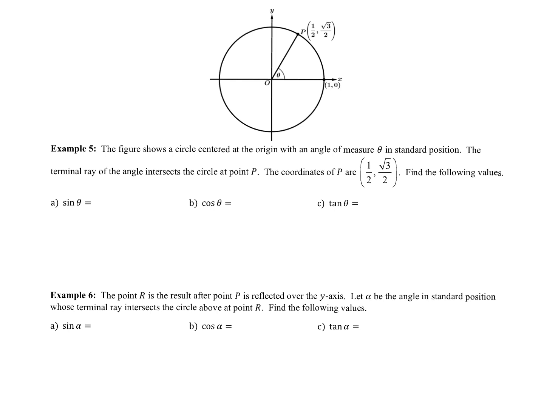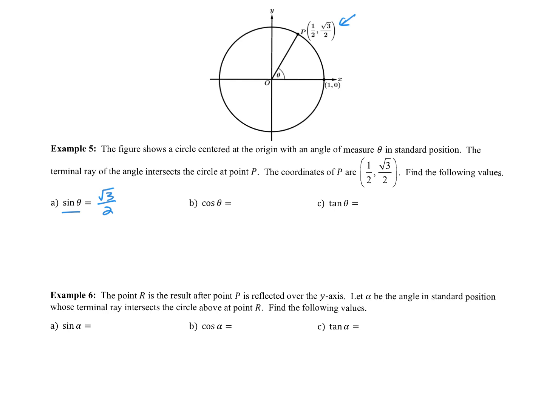The first one we need to do is find the sine of theta. So sine deals with what? I want you to think of y. Sine deals with y. So what is the y? It literally tells you. Sine deals with y, which is square root of 3 over 2. The next one is cosine.